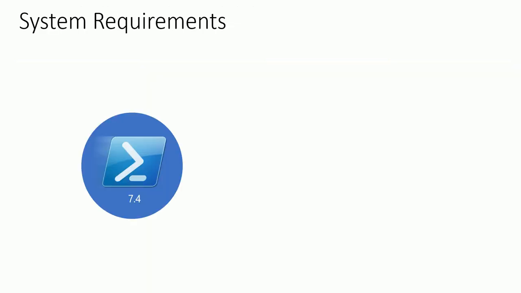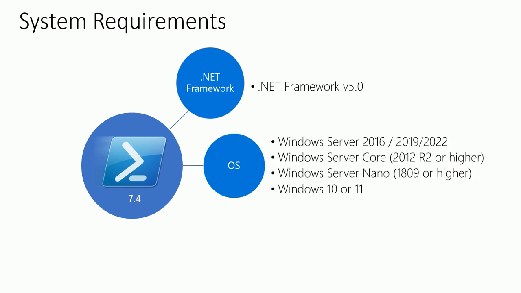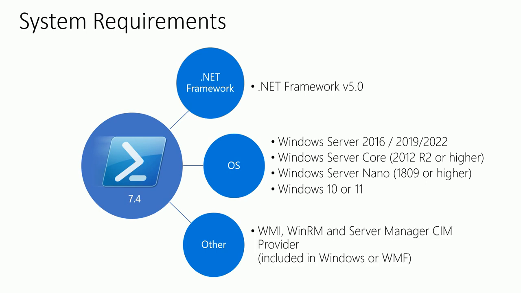Now the system requirements, what we need to install PowerShell. The .NET Framework is by default a part of the newer operating system you are running. So for the operating system, 2016 core or the latest you can use, and .NET Framework will be part of it by default, whether it's Windows or Windows Server.